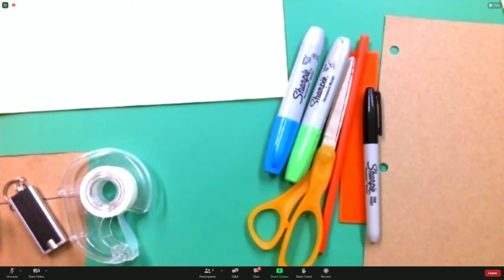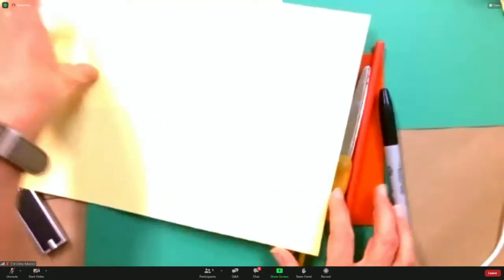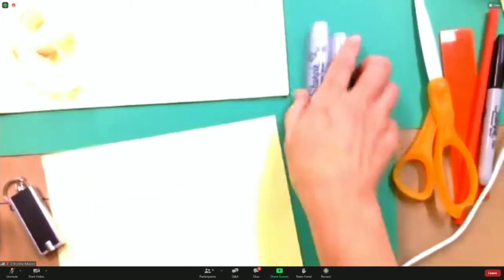All right, so like I said, we are going to start today with a little experiment. So I would like you to get out a sheet of paper, again, and just fold it in half because we don't need a whole sheet of paper for this.